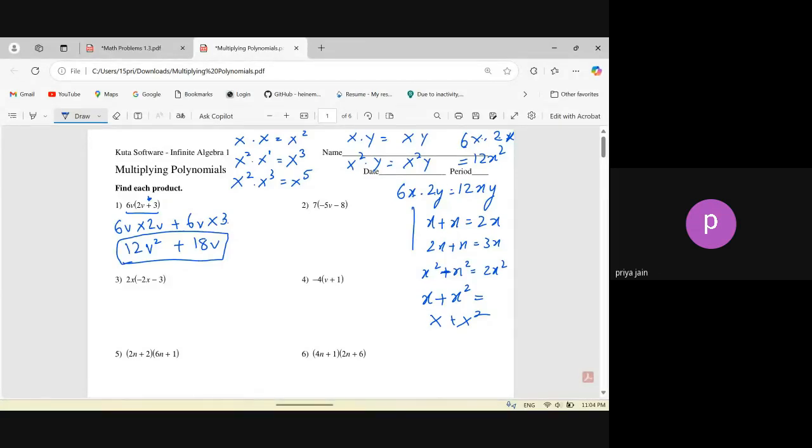Okay, now let's do this one as well. I'll help you with the second one, and then you can do the rest. This is going to be 7 times negative 5v. Then when you have a negative over here, you can choose what to take. If you take negative over here, then you're dealing with positive 8. So it's going to be 7 times 8.